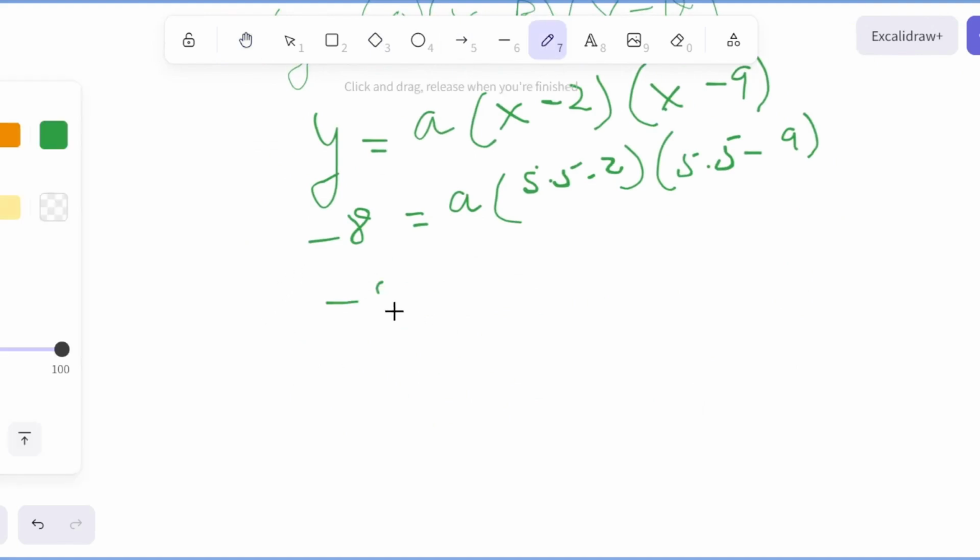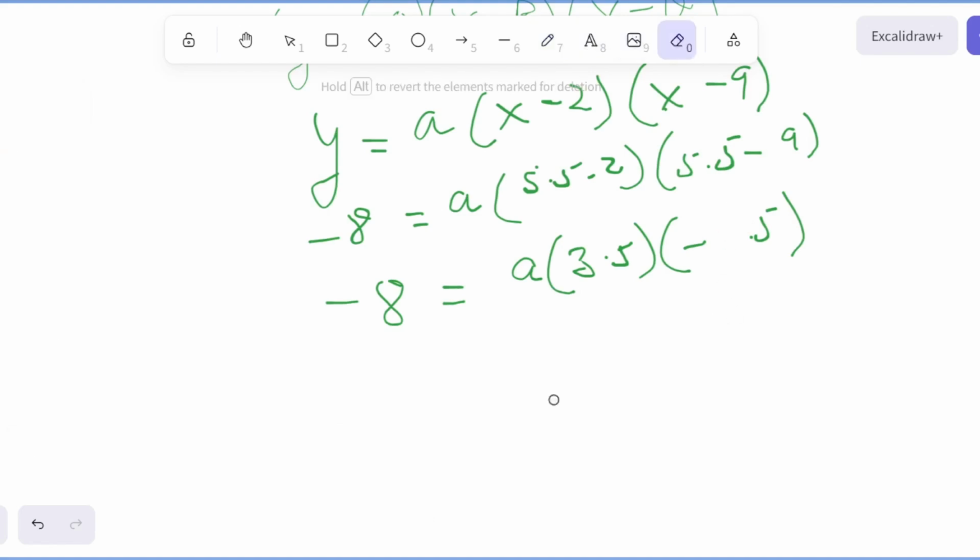So minus 8 equal to a times 3.5, and 5.5 minus 9 will be minus 3.5, because 3.5 plus 5.5 will become 9, so the sign of the bigger number comes.